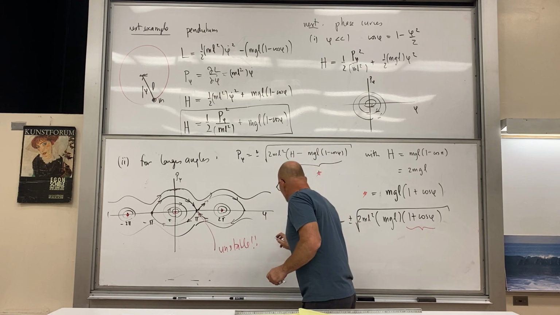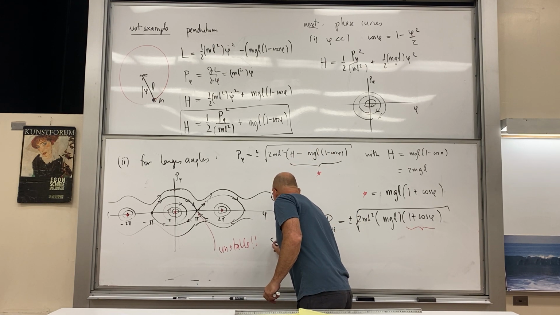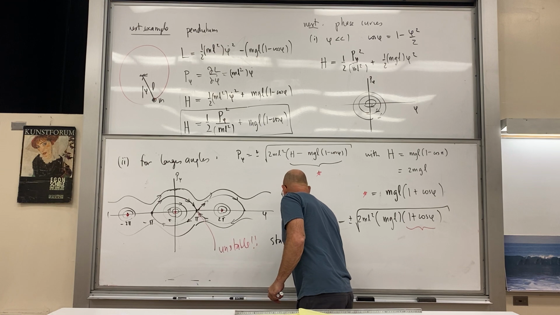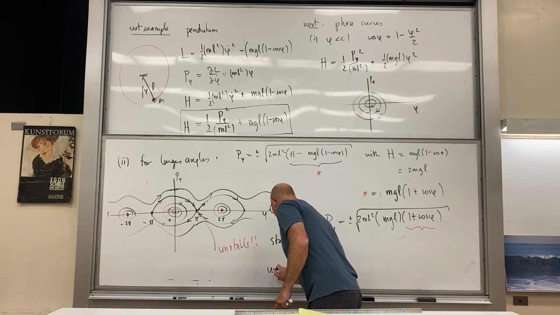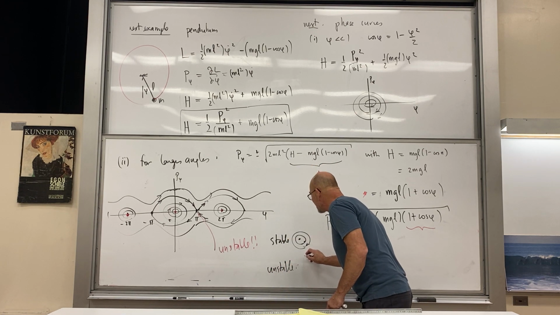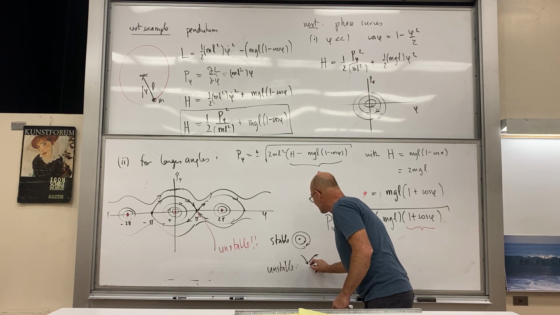Good, yeah, so this analysis is pretty great. So I'm going to write one more time. Stable, you have this kind of a phase portrait, and unstable, you have this kind here, vectors going and coming.